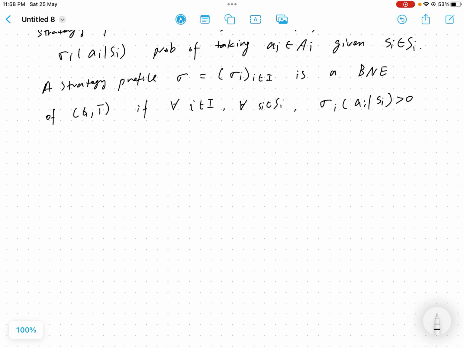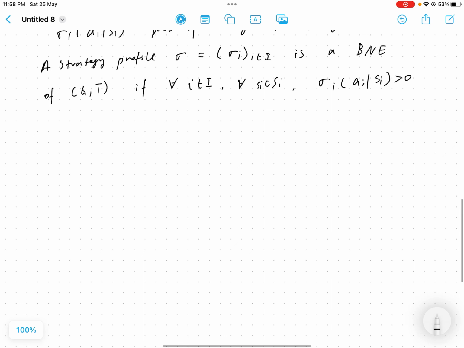That's the definition for this solution concept.